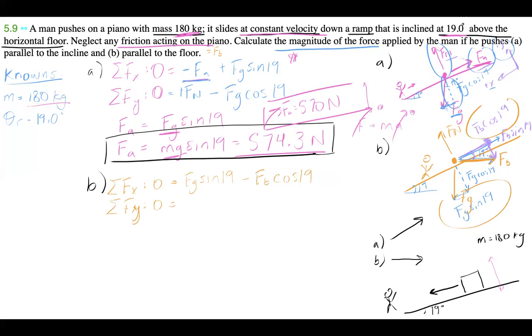Cool. Okay. And then in the y direction, let's do the summation of forces in the y direction. We have Fn, and that's positive Fn, minus FB sine 19, and that's downwards. And then again, minus FG cos 19.